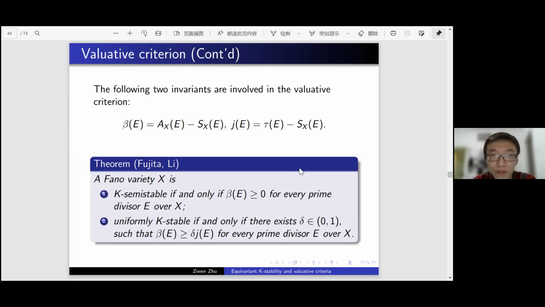In fact, in the proof, let me also talk very briefly about the proof. For any prime divisor E over X, we can construct a test configuration from this divisor.